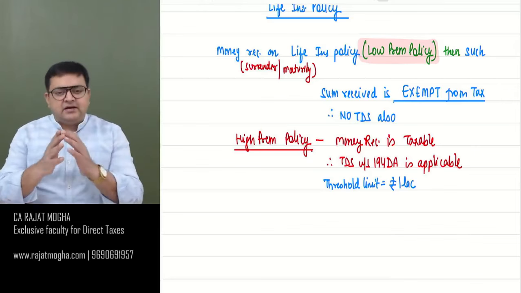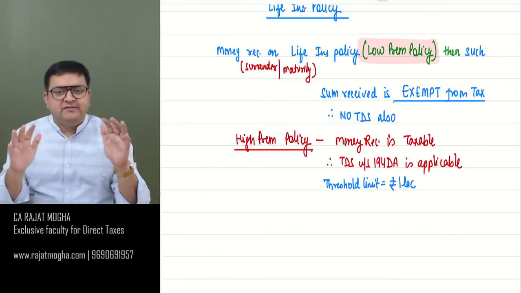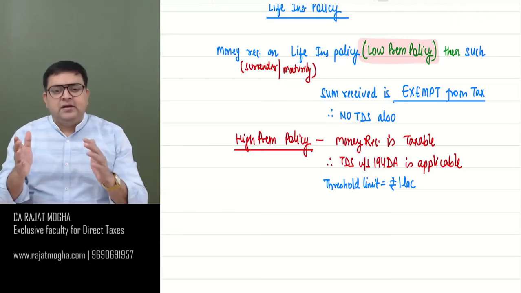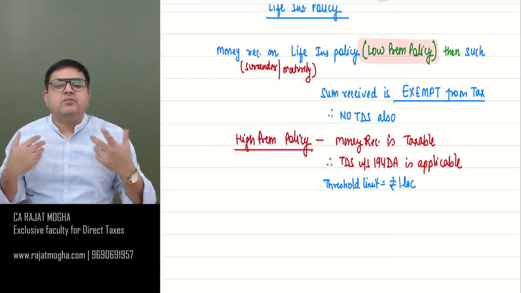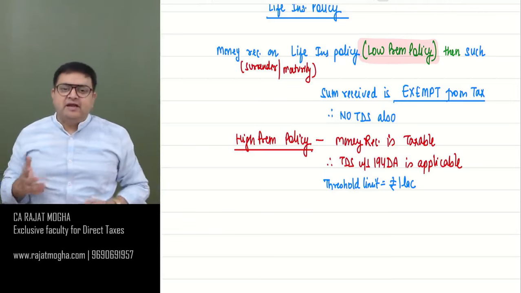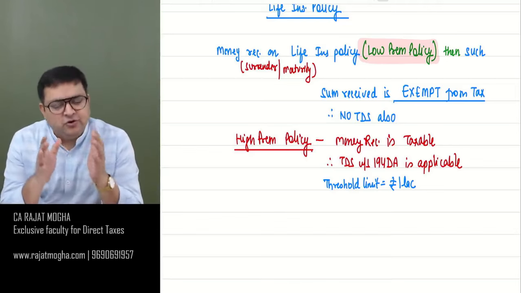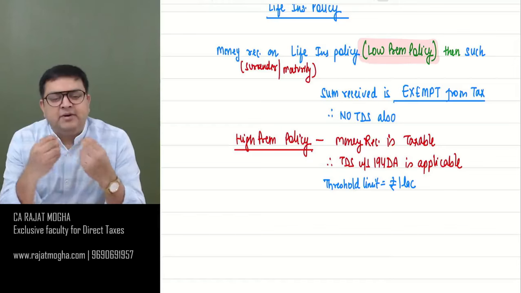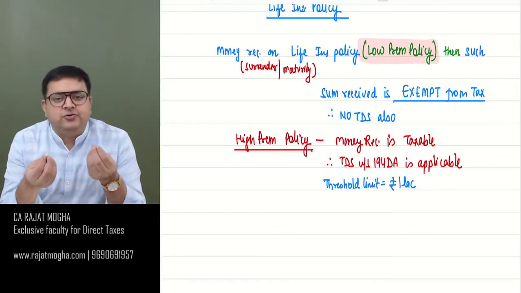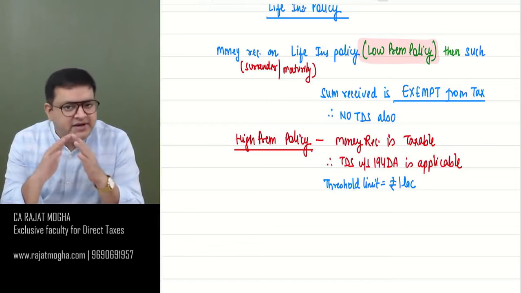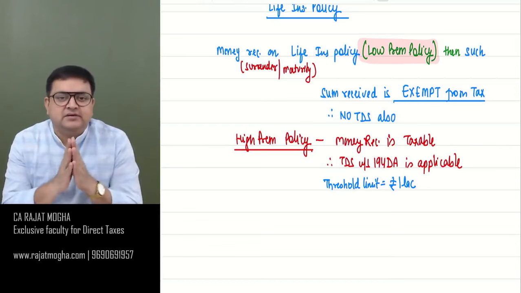Up till 1 lakh, TDS will not be activated. See, it is taxable, no doubt. But the question is how much TDS I will deduct or when I will deduct. So although it's a high premium policy, if the money I am giving you does not exceed 1 lakh, TDS will not be activated.